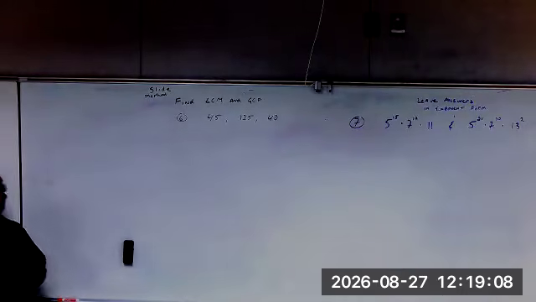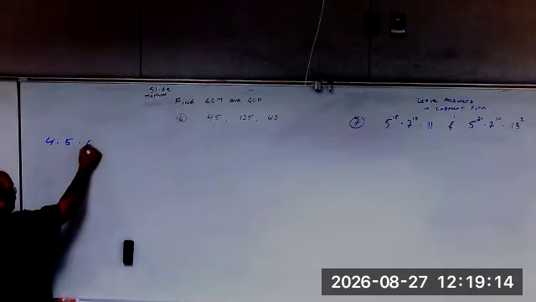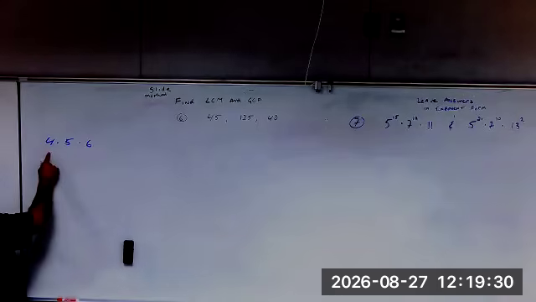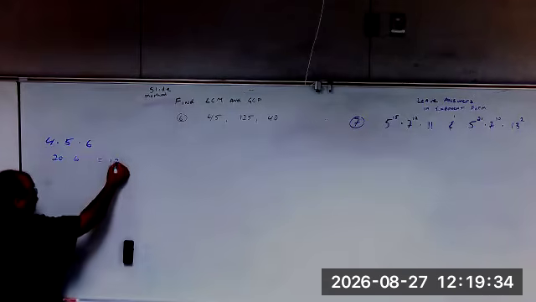If you wanted to multiply, let's go with 4 times 5 times 6. Nobody on the face of the earth can multiply those three numbers together all at once. No matter what, somebody's going to go, all right, 4 times 5, 20, and then times 6, 120.